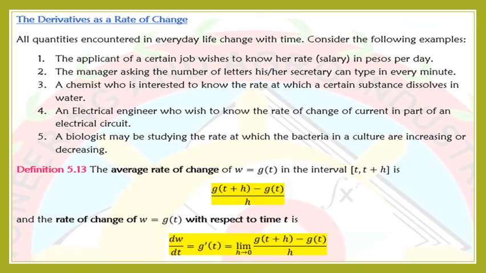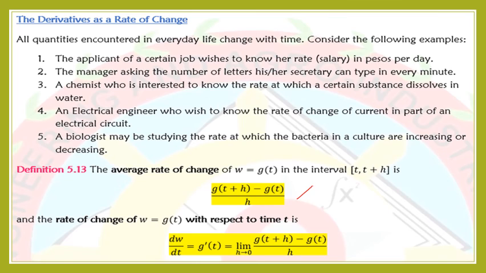Okay. The average rate of change of W equals G of t in the interval t and t plus h is G of t plus h minus G of t divided by h. And the rate of change naman, ito is average rate of change.